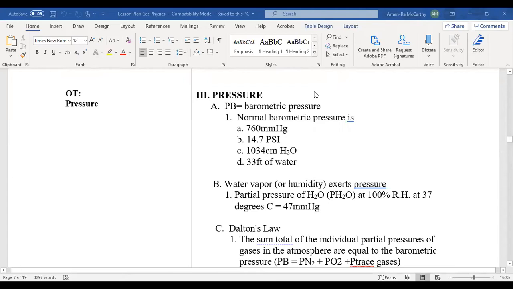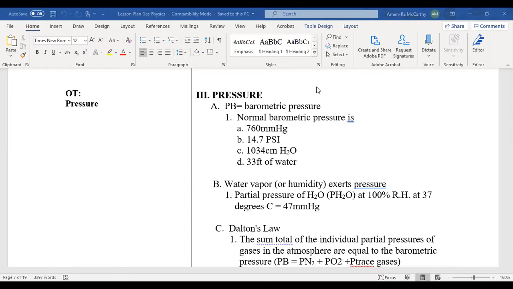Okay. But PB, also known as P bar, is the same thing, meaning barometric pressure. The barometric pressure is the pressure that is around you right now, the amount of pressure that's pushing on you from the atmosphere.